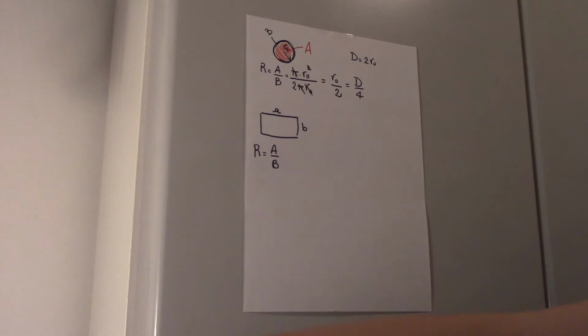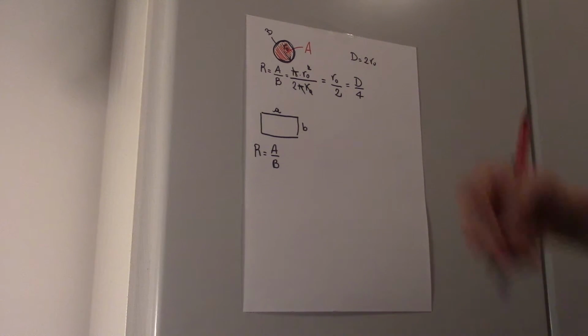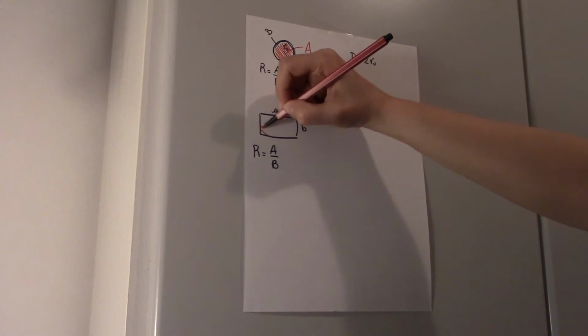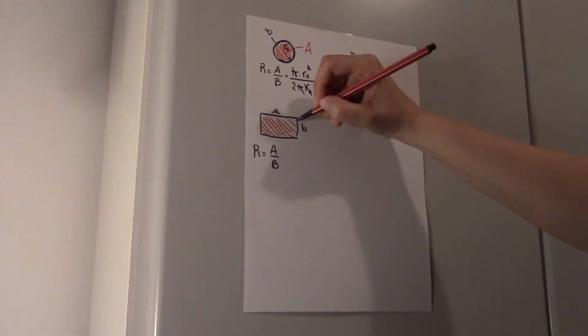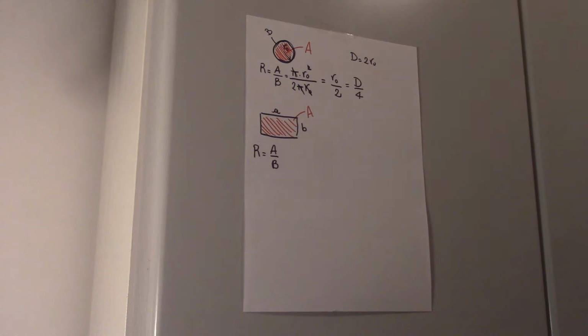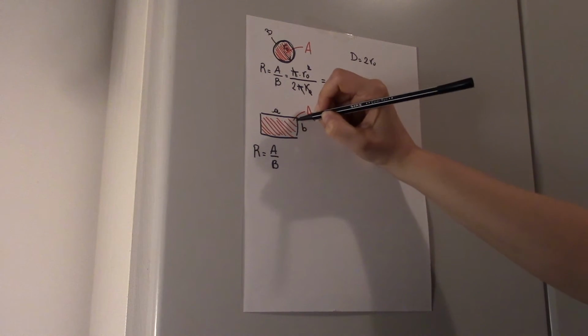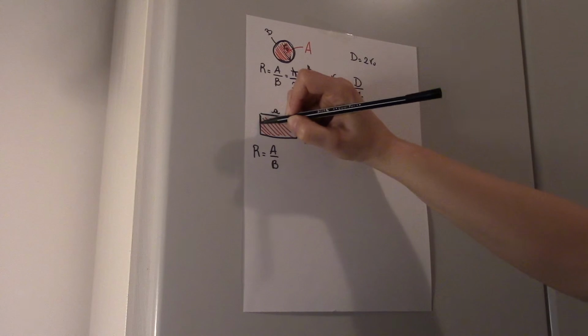In this case, the area is this area, while the wet perimeter again is the perimeter in contact with your flow, so it's this part right here.